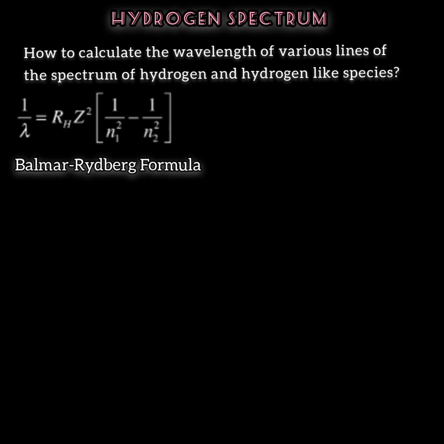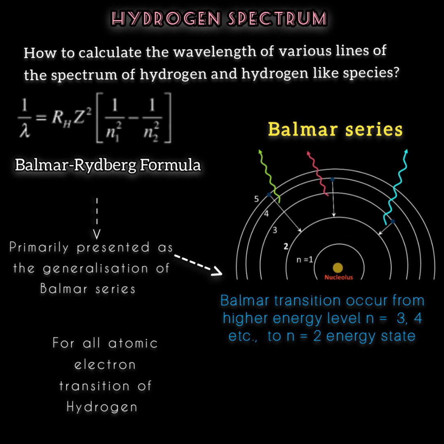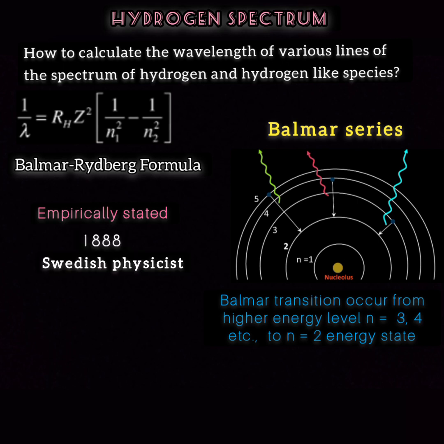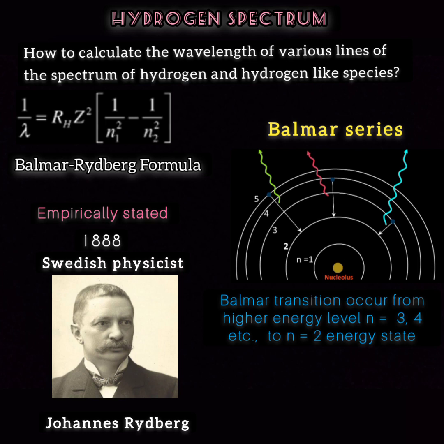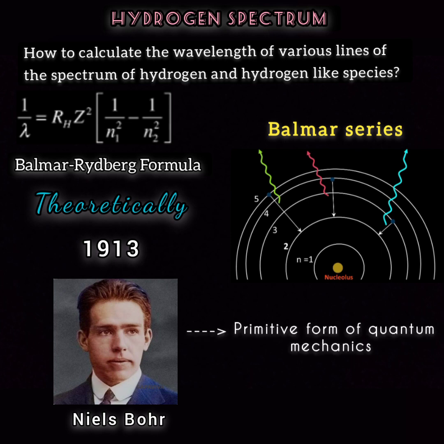The formula was primarily presented as a generalization of the Balmer series for all atomic electron transitions of hydrogen. It was first empirically stated in 1888 by the Swedish physicist Johannes Rydberg, then theoretically by Niels Bohr in 1913, who used a primitive form of quantum mechanics.